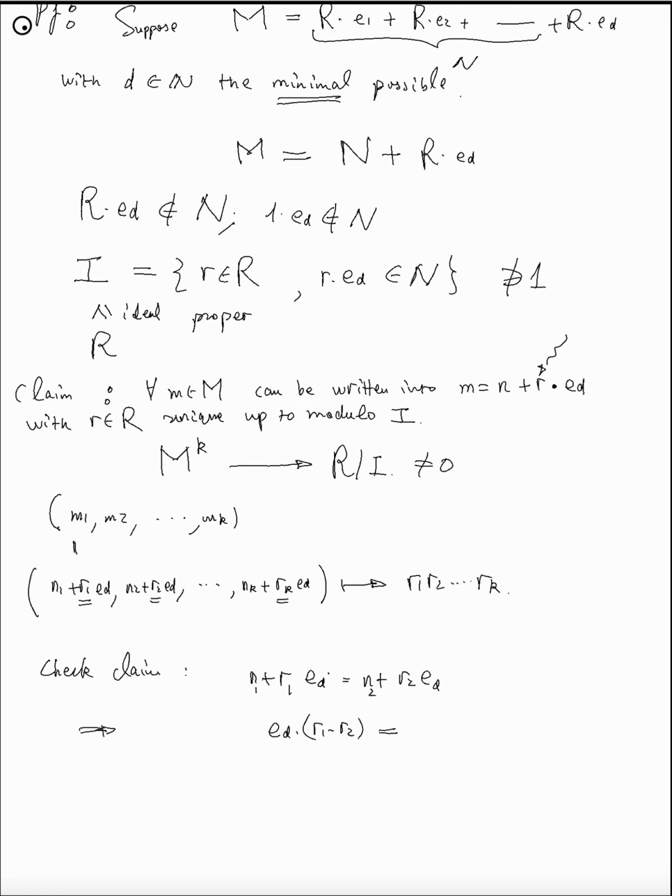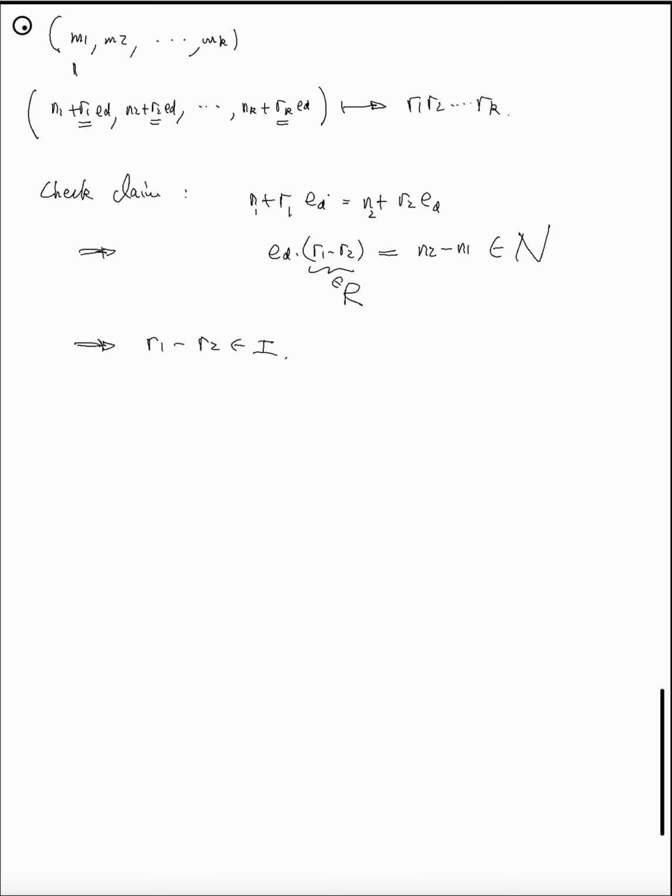In other words, r1 minus r2 times ed equals n2 minus n1. So this is again in N, and so you have found an element r such that r times ed is in N. This implies r1 minus r2 is in I. Okay, and so we have proved our claim.